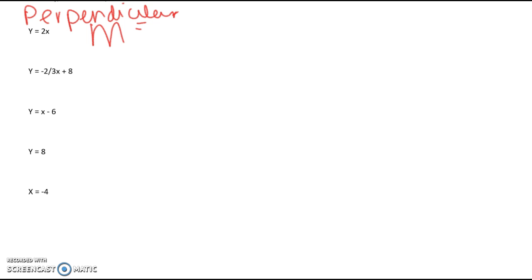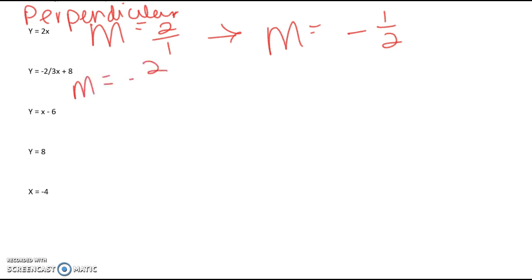So for the first one, if y equals positive 2x, my slope is positive 2, the perpendicular slope would be a negative because the first one's positive, and I would flip it over. Second one, my slope is negative 2/3, so my perpendicular slope would be positive 3/2.